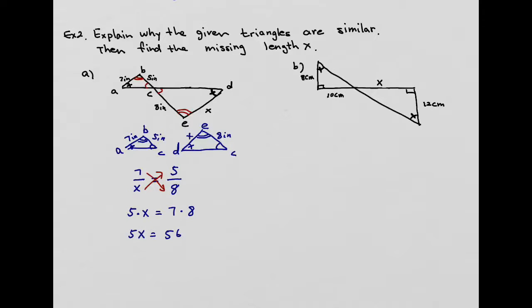And when you're dividing both sides by 5 to isolate x, you get 56 over 5, which is going to be 11 1/5, and your unit is going to be inches for x. So that will be the missing length of that larger triangle.